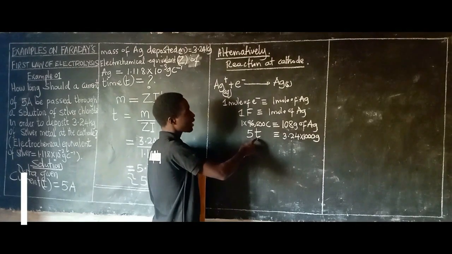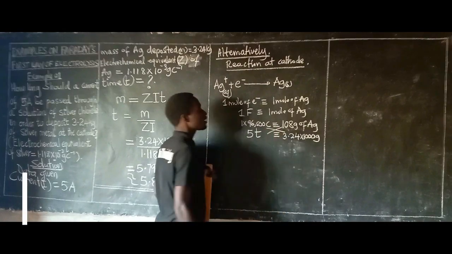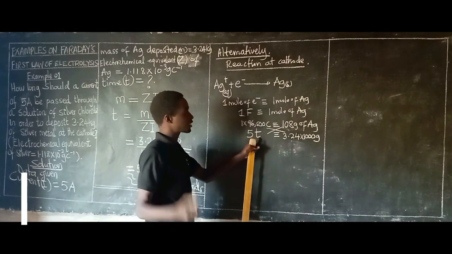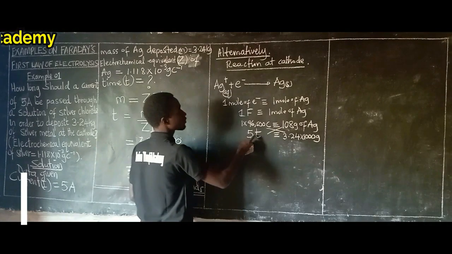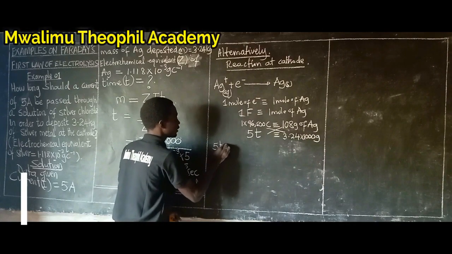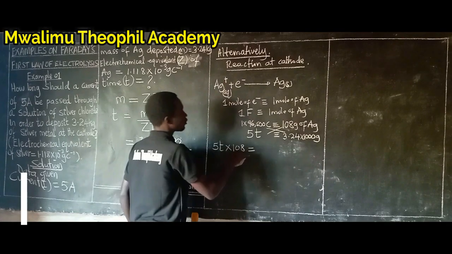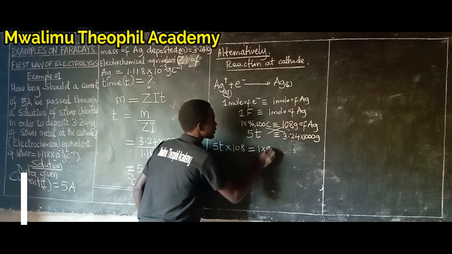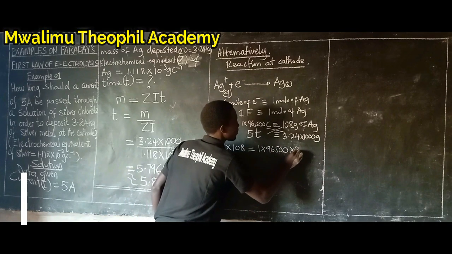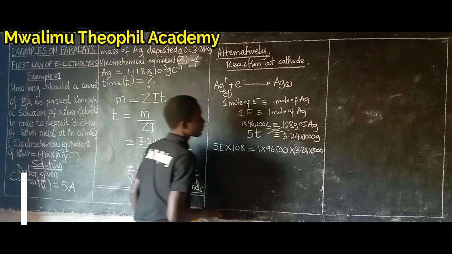To get t, let us cross multiply. When we cross multiply, we can obtain the value of t, which is asked in our question. 5t will be multiplied with the 108. So it will be 5t times 108, equal to 1 times 96,500 multiplied by 3.24 times 1000, as you see.